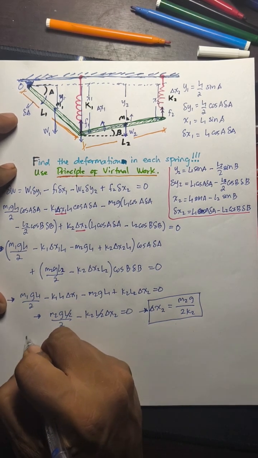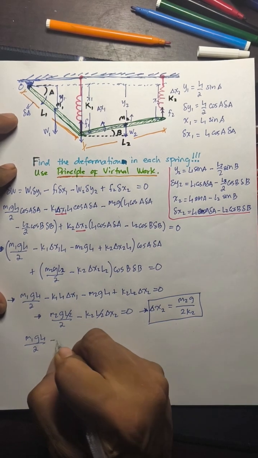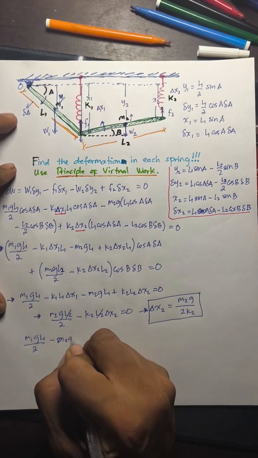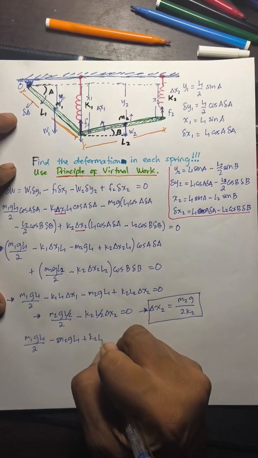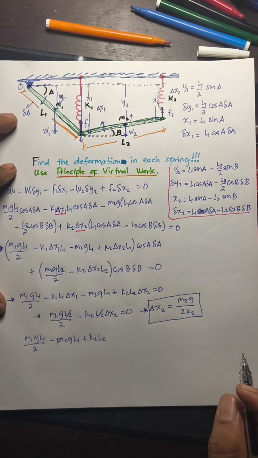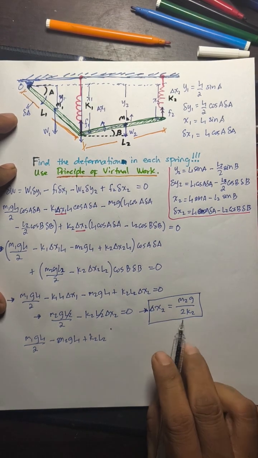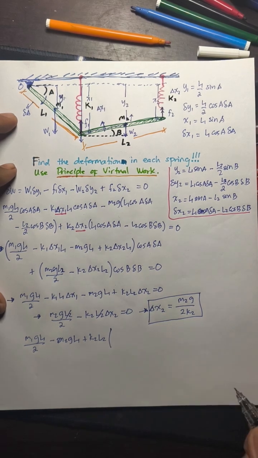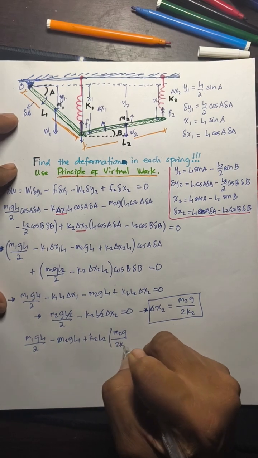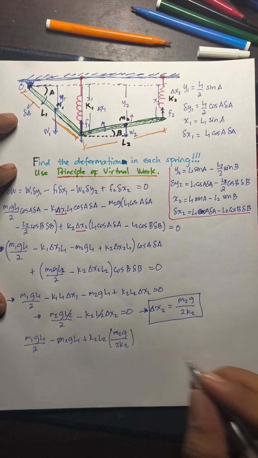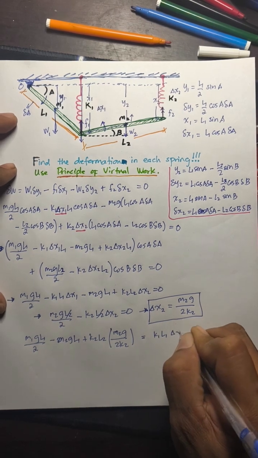So we have now m1g L1 over 2 minus m2g L1 plus K2 L2 times delta x2, and here is delta x2, m2g over 2 K2, equals K1 L1 delta x1.